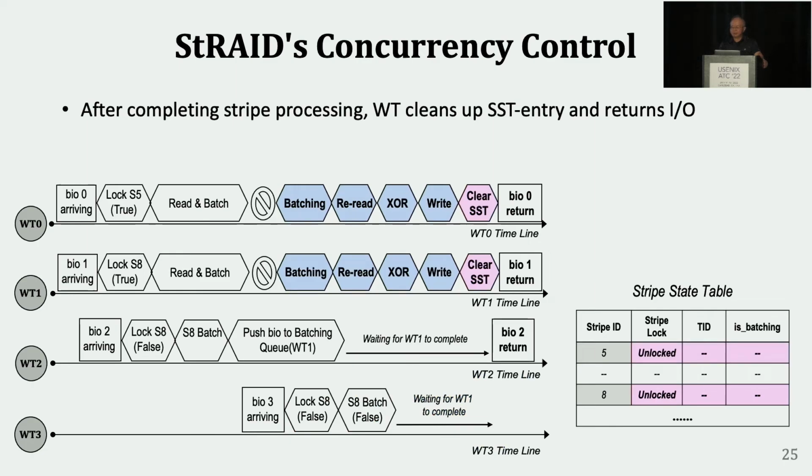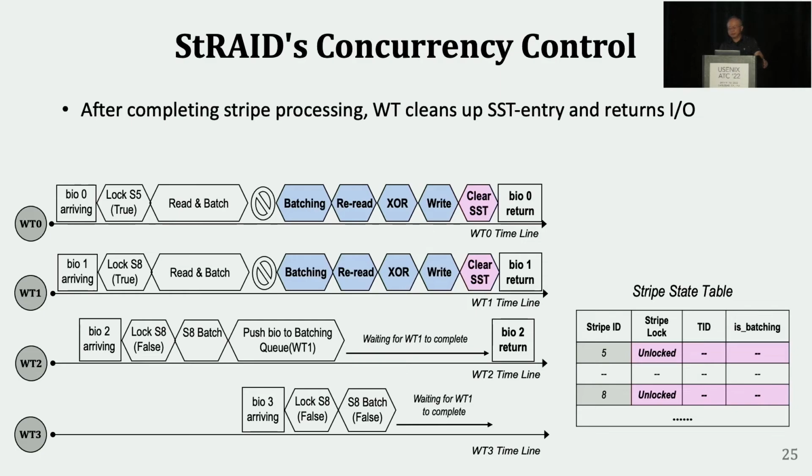Then the dedicated WT1 coalesces all the requests it has accumulated in its batching queue and processes them as a whole, which means it re-executes parity read in accordance with the aggregated request, performs parity calculation, and writes data and parity back to the disk after reconstruction.